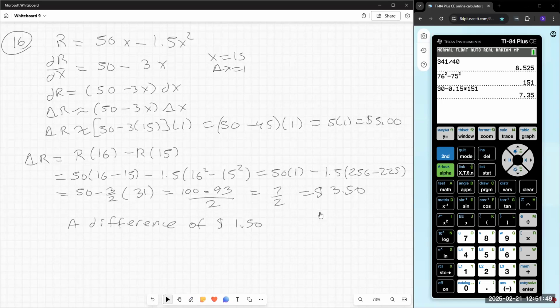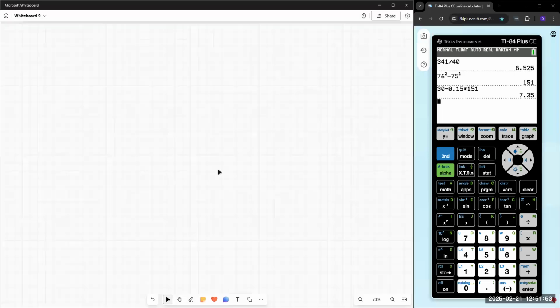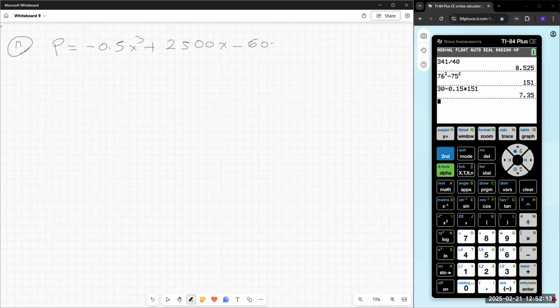Number 17 is a profit function, capital P, negative 0.5x cubed plus 2500x minus 6,000 with x equal to 50 and delta x is still equal to 1. dP/dx is equal to negative 1.5x squared plus 2500. dP is exactly equal to (negative 1.5x squared plus 2500) dx.